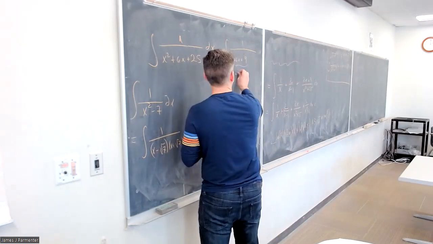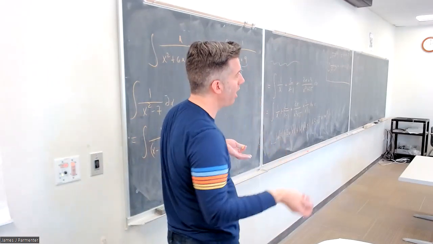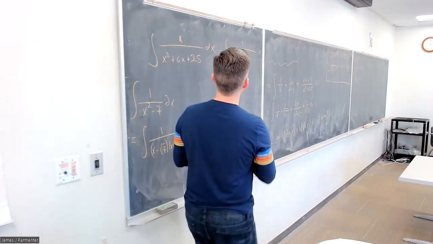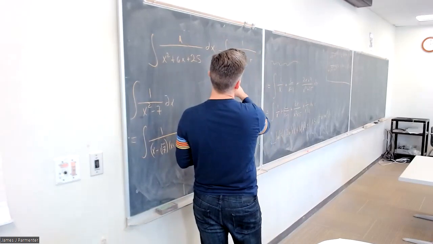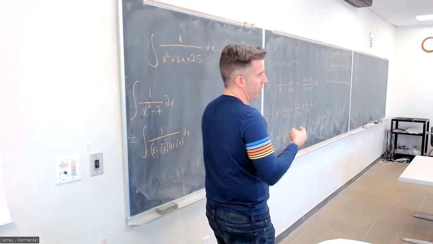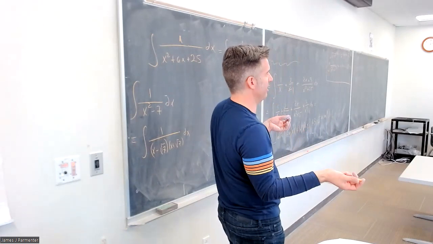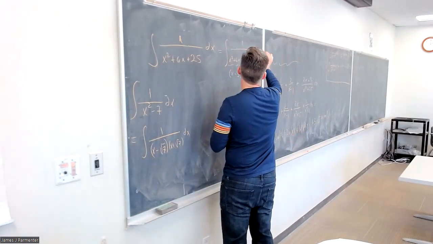Oh, x plus 3 squared. That's why we call it completing the square. But then that's not the same, so what else do I need to make sure it comes out the same? Well, 9 plus 25 is 34. So one way to do it is to subtract 9, add 25. Or you just say 25 minus 9 is 16. It's just as hard as it was in middle school.